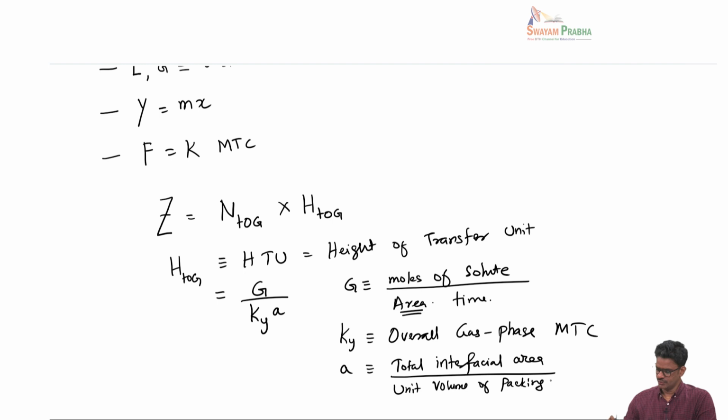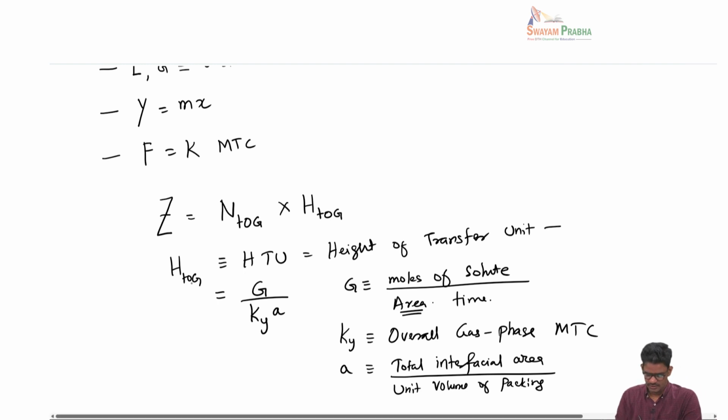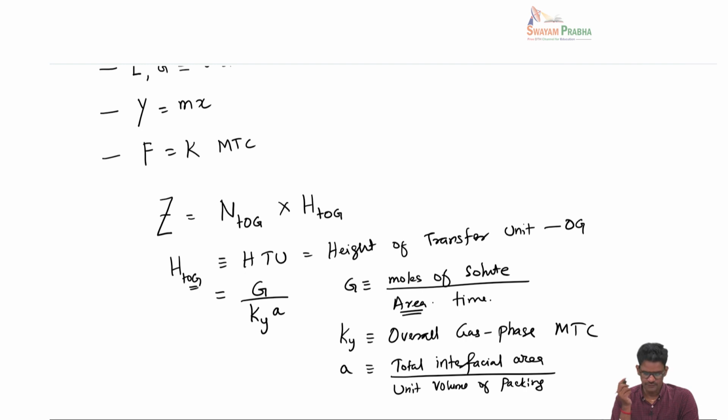And this HTU comes with this OG here because it is based on the overall gas phase mass transfer coefficient. Okay, if you were to do the same calculation based on the liquid side mass transfer coefficient, you would have HTOL. But here in absorption, we assumed that the gas phase mass transfer coefficient is the important one. Gas phase is limiting the transfer.